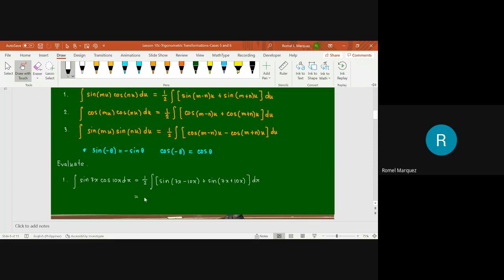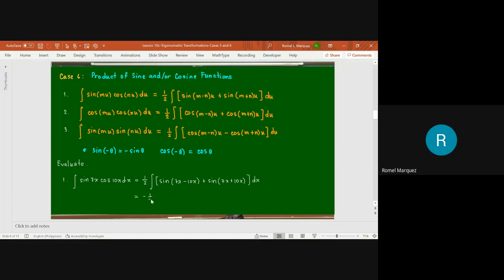So we now have negative 1/2 integral of sine of 3x now.